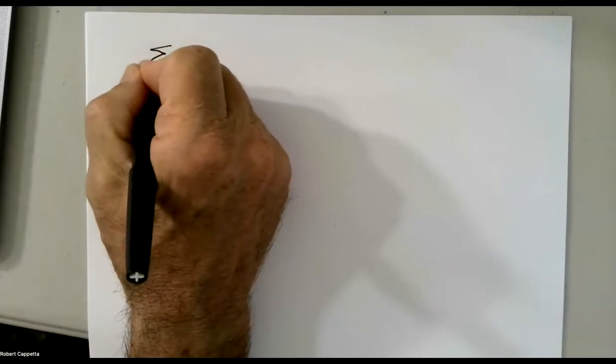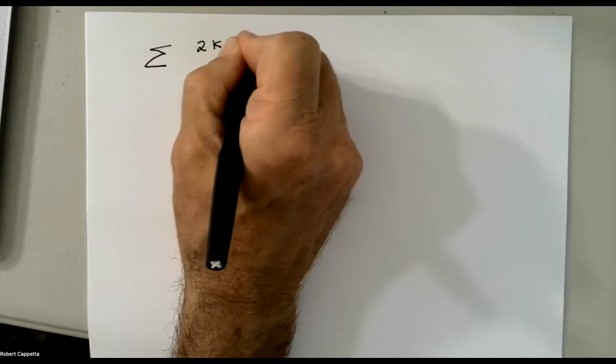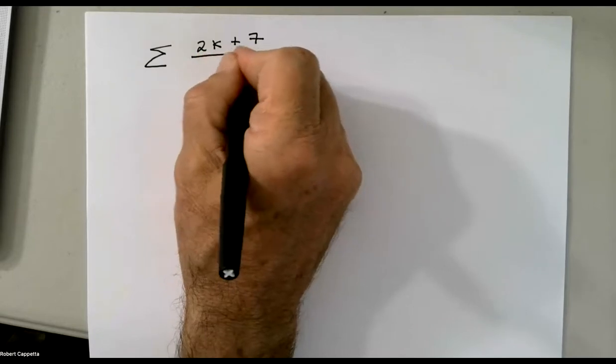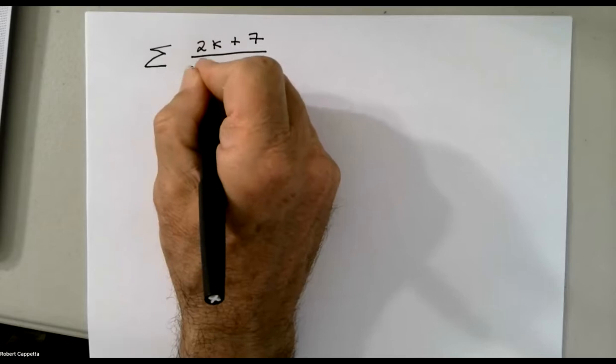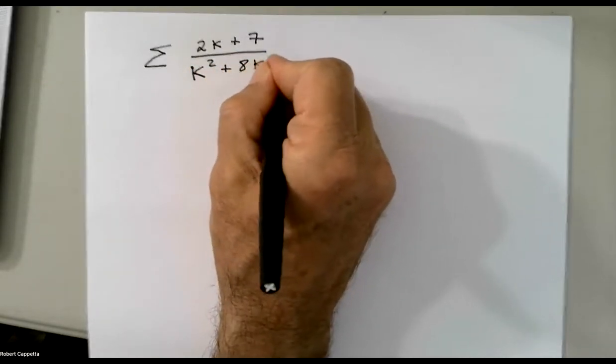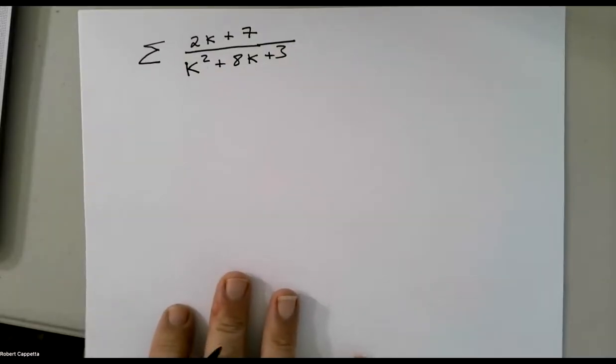What if I have the following? I'm interested in the sum of 2k plus 7 over k squared plus 8k plus 3. And our goal is to proceed using the limit comparison test.